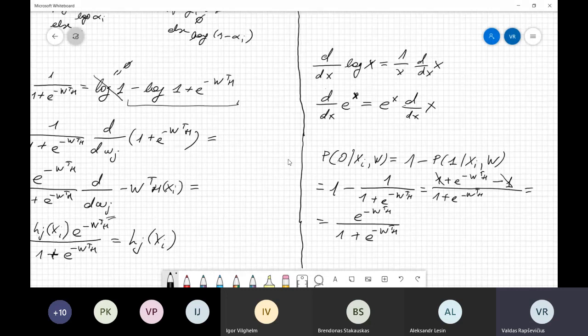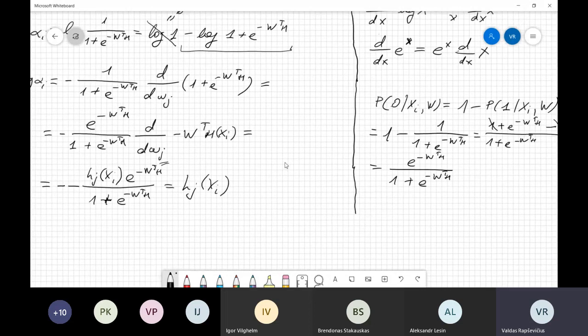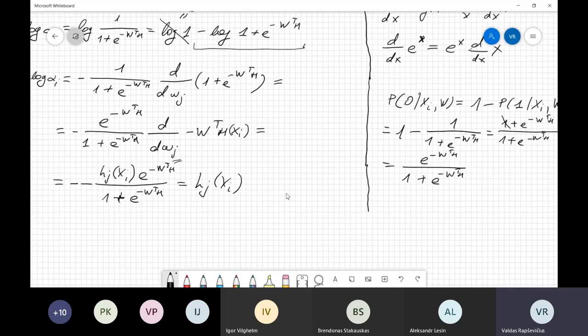So this is actually 1 minus the probability of being in the first class. This is the expression we were looking for. And now look at this, we just got that expression here.